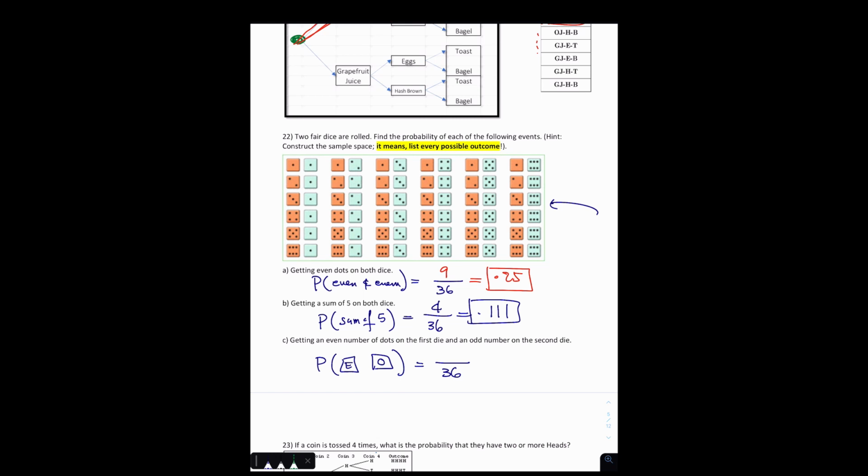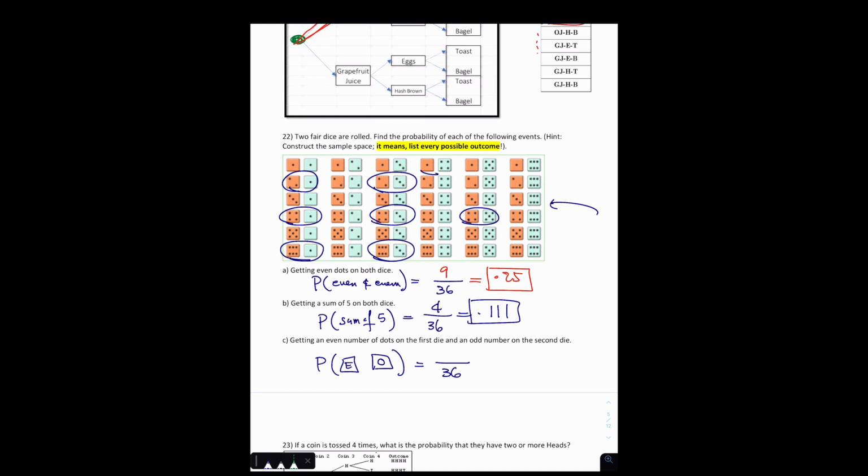Well, let's see. Even and odd, even and odd, even and odd, even odd, even odd, even odd. Even, odd. Let's see, what else? Even, odd, 4 and 5. Even here, even, odd.